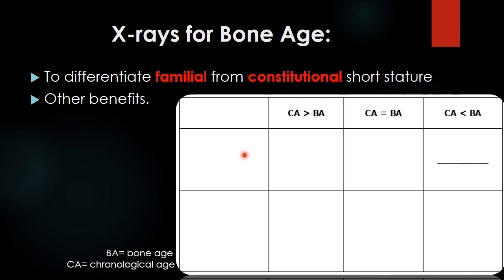For example, if the chronological age and the bone age are at the same place, then we assess the growth velocity of the child. Chronological age, by the way, is the actual age of the child, and bone age is the one you assess on the radiograph of the hand and the wrist.